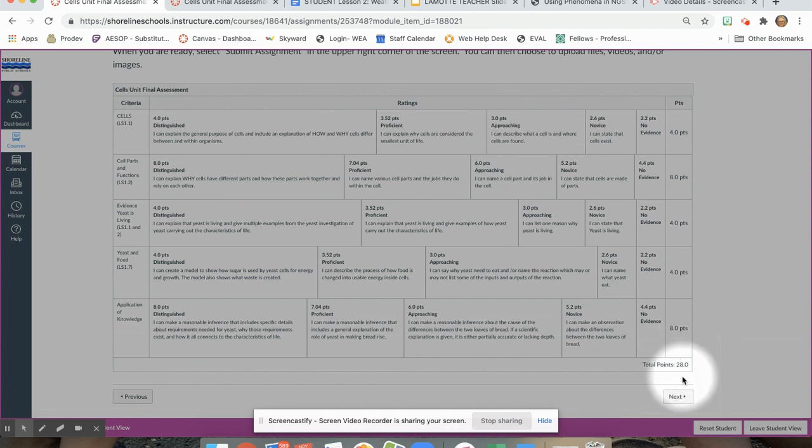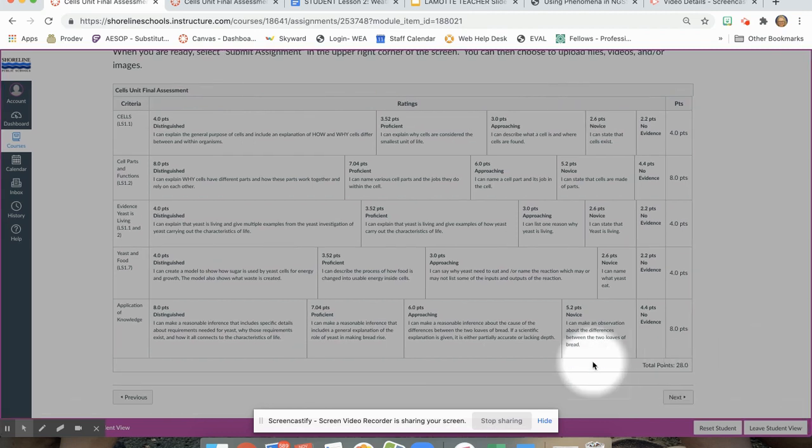So in order to figure out your overall percentage for the assessment, you would simply take the total number of points that you get based on your performance in the rubric, and then divide that by 28, and that will give you a percentage, and that percentage will correspond to a letter grade.